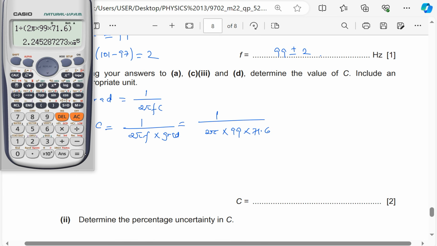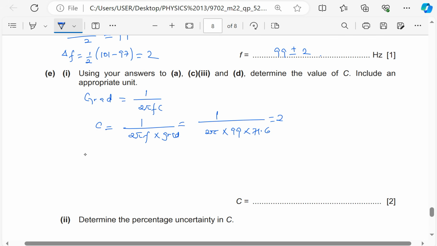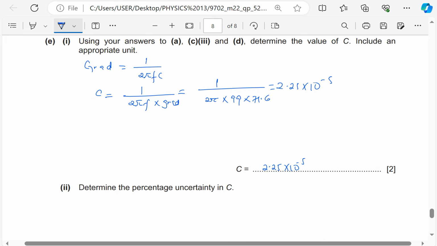So that is 2.25 times 10 to the power of minus 5. So I'll write 2.25 times 10 to the power of minus 5. So the power of 10 is most likely going to be minus 5. So those are three significant figures.